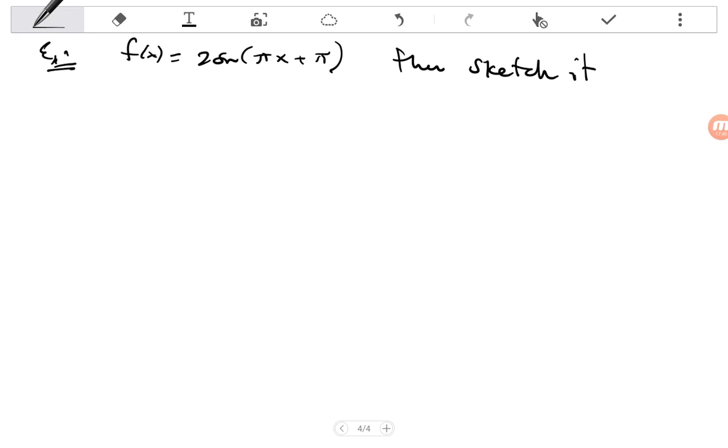So try to find the amplitude and frequency. Now with your pen, just try to find the amplitude and the frequency of this problem.